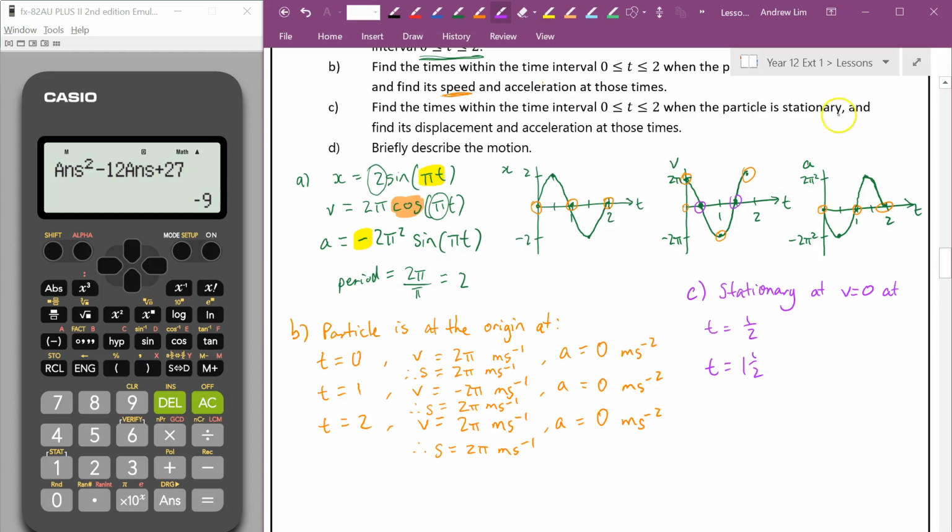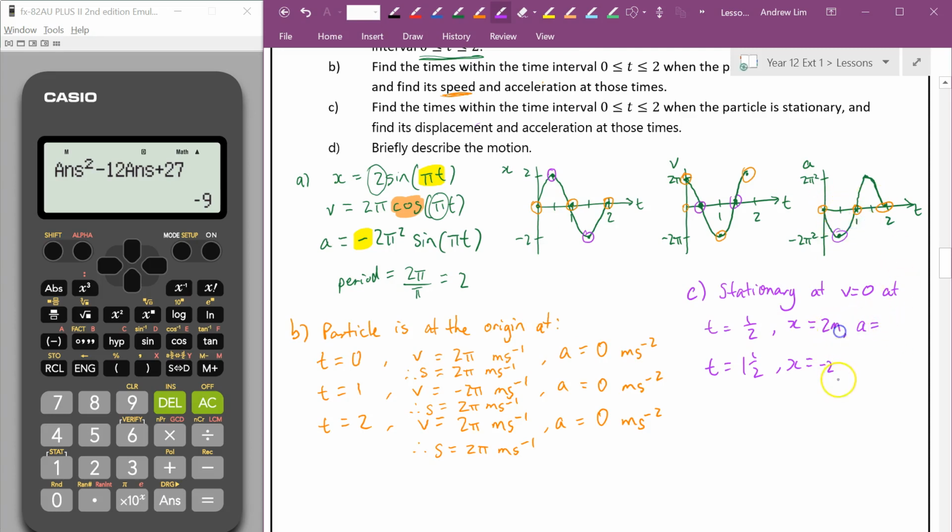Alright. Find its displacement. So that's x. And find its acceleration. So at t is equal to half, the displacement is 2. At 1.5, displacement is negative 2. At t equals half, the acceleration is minus 2 pi squared.